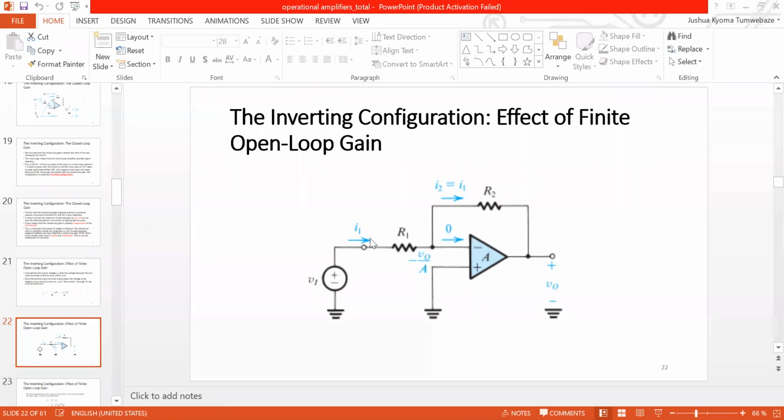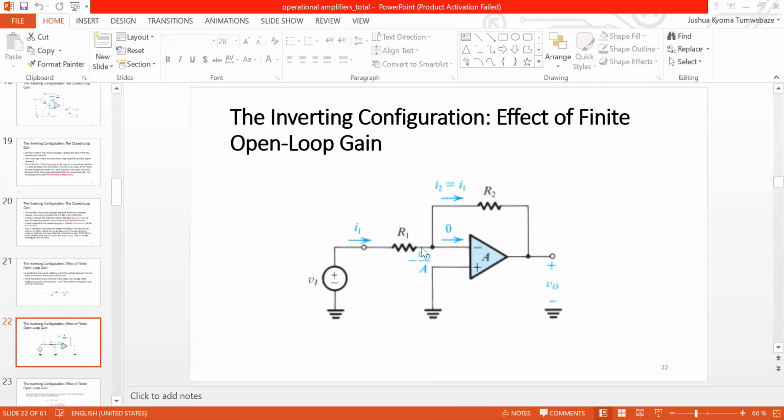Once you have an expression for your current I1, we again hold the assumption that no current enters the input terminal. So I1 must be equal to I2.